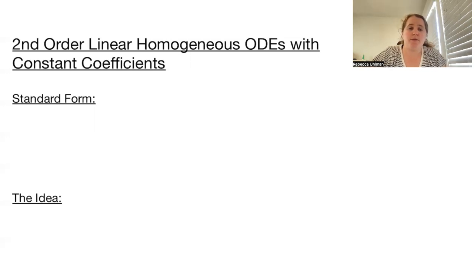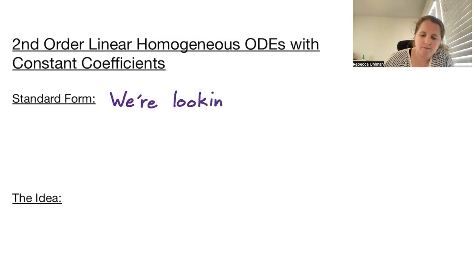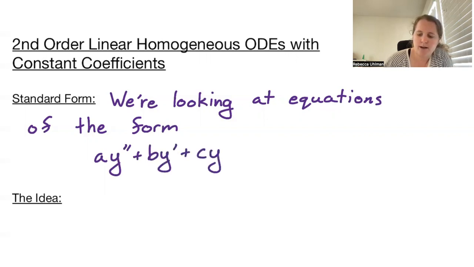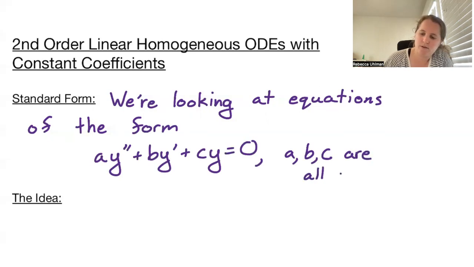So the standard form for what we're considering here is equations of the form a y double prime plus b y prime plus c y equals 0, where a, b, and c are all constants in the real numbers. So these are all real numbers.